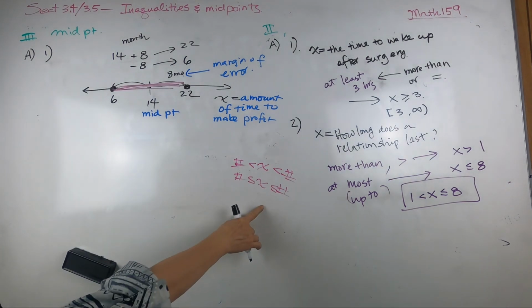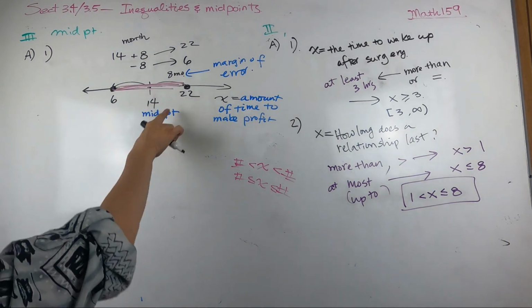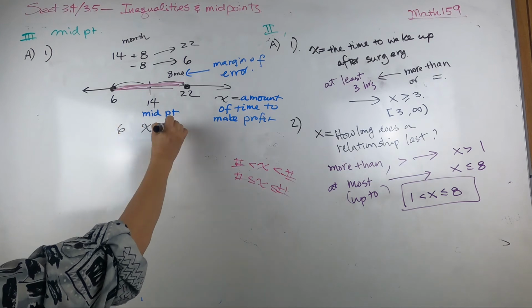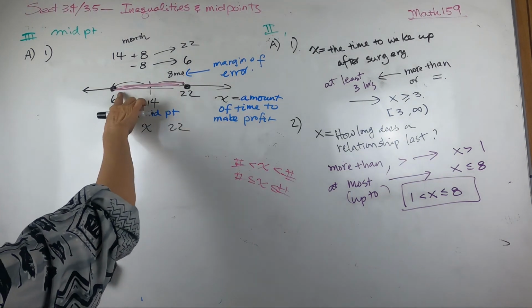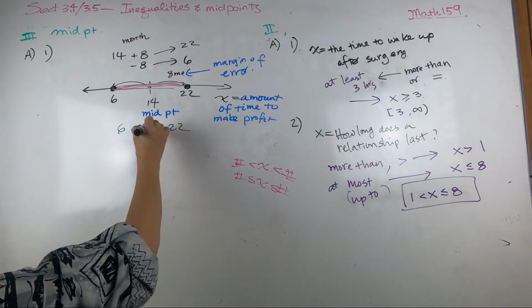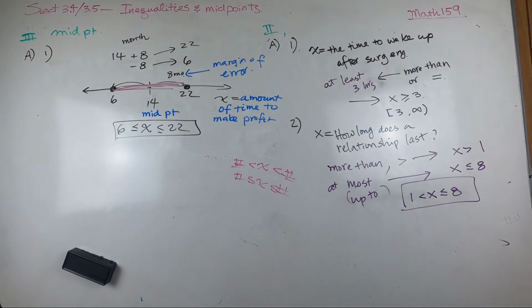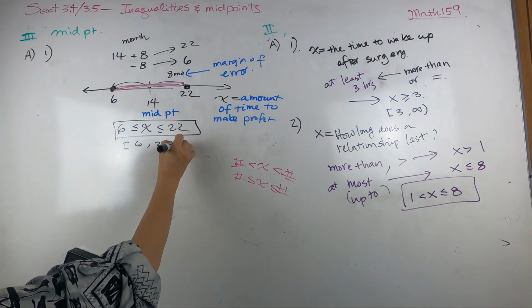So with this style, what do you need to do to show this interval? So x is what? In between 6 and 22, right? Then we also include those 2 points, so you use less than or equal to. So that's how you show it in trilinear inequality. If you show it in interval notation, that would be from 6 to 22.